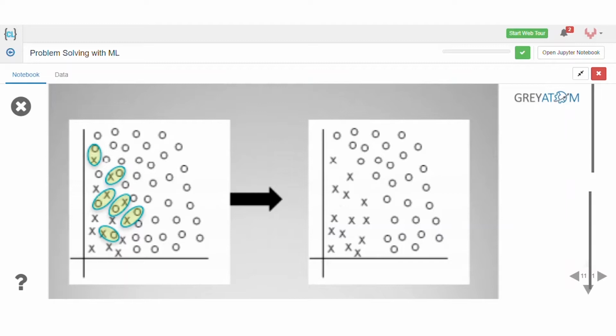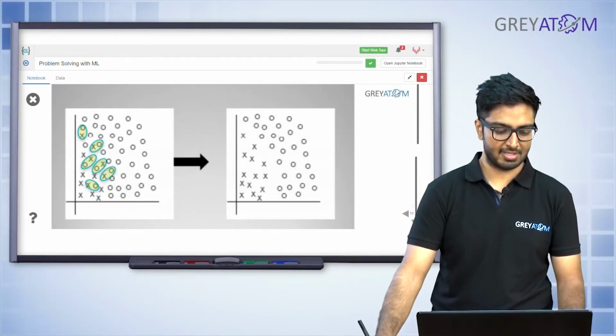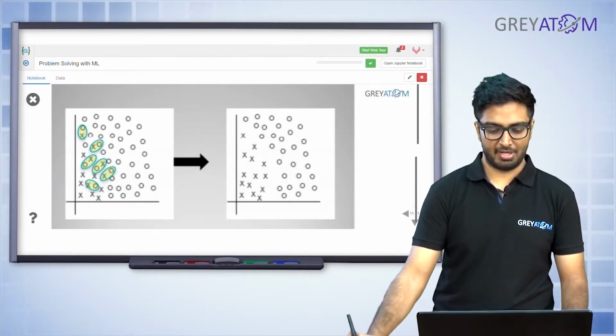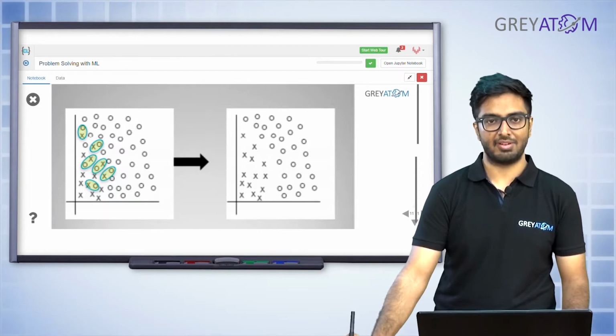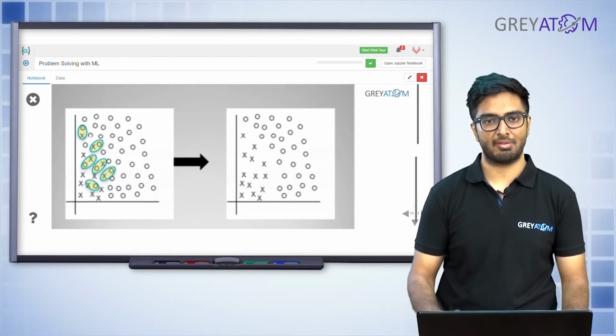You're removing examples from the boundary, so manually you have made it clear, because you have removed everything that was slightly confusing. It would be very tough to fit a decision boundary through all these examples, but to fit through something like this would be very easy. So this is the whole concept of Tomek Links.